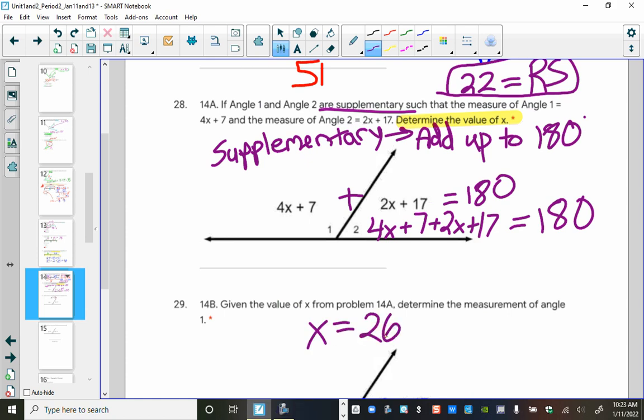So here, ladies and gentlemen, real quick. When all is said and done, you should get 6x plus 24 equals 180. You can check at home, but you get x is 26.